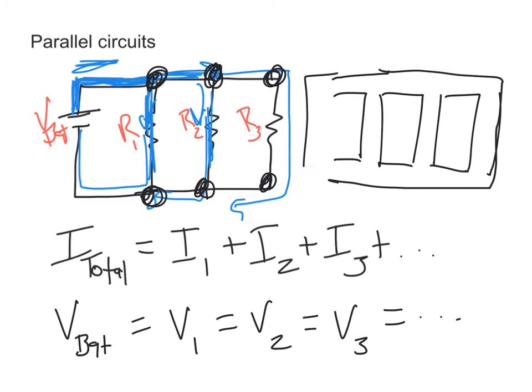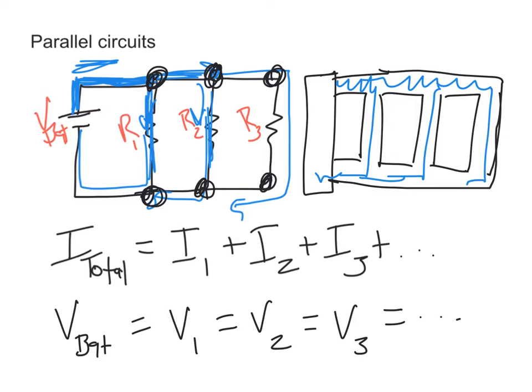And then my pump is right here. And so the water comes out and it's going to drop all the way down and then get pumped back up. Or it's going to go this way, drop all the way down, and then go pumping back. Or it's going to go this way, drop all the way down. So the total drop is the same in all parts of the circuit.